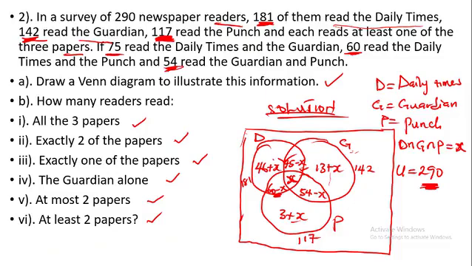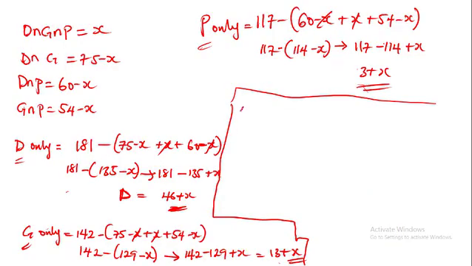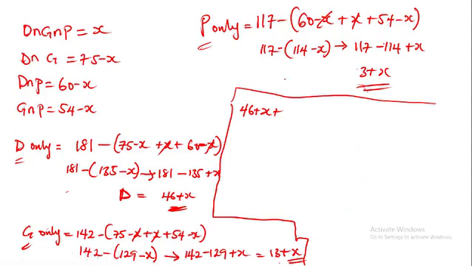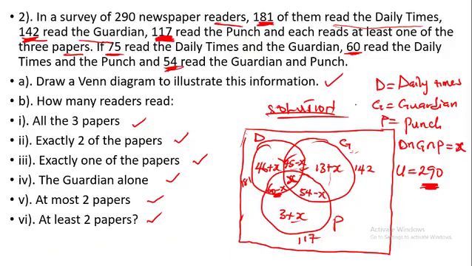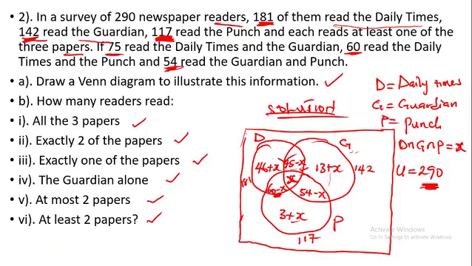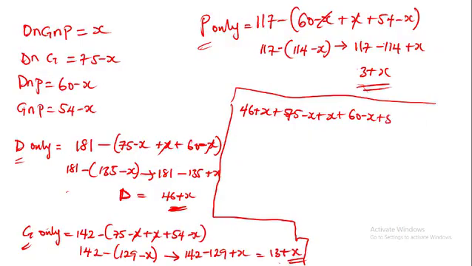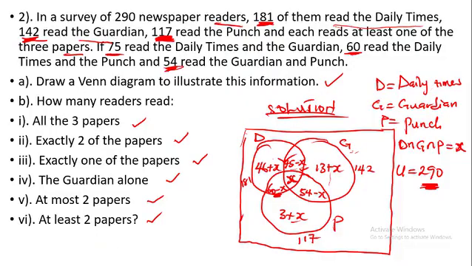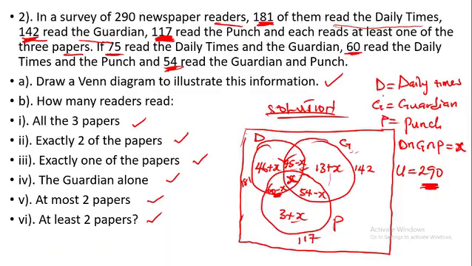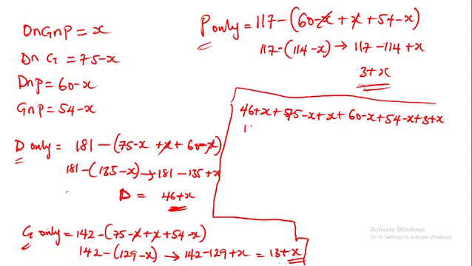We have the first one, 46 plus X, plus the next one, 75 minus X, plus X, 60 minus X, 54 minus X, 3 plus X, and 13 plus X. And all these are equal to 290.